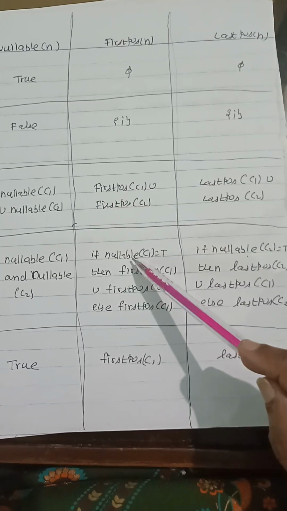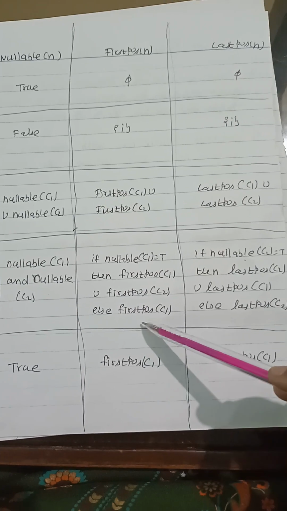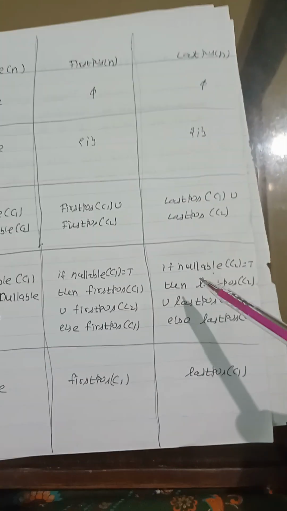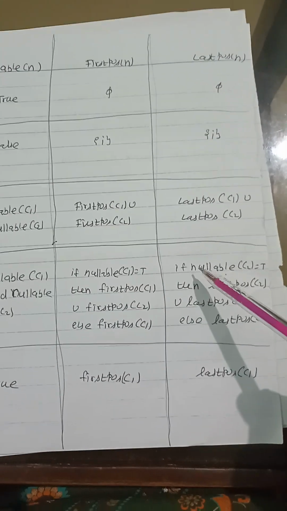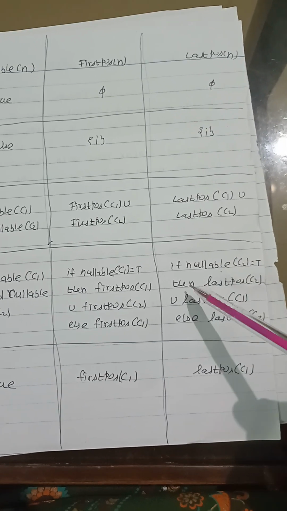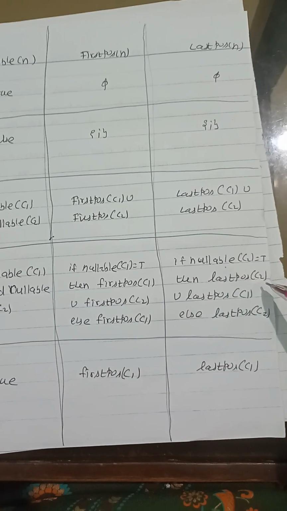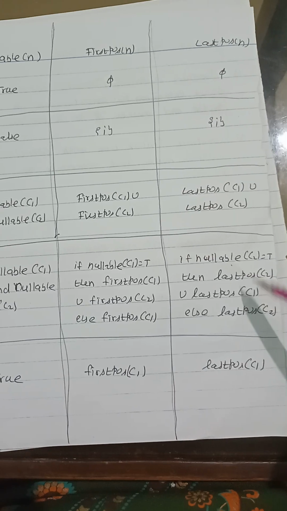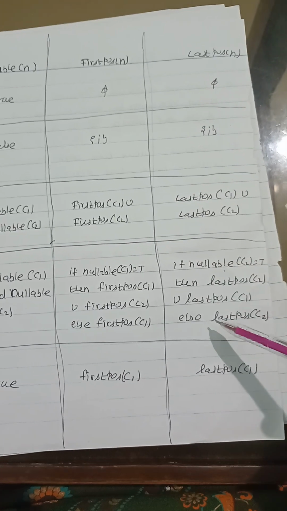In case nullable is false, we just write first position of C1. In last position, if nullable of C2 is true, then we have to union the last position of C2 and last position of C1. If nullable is false, we just write only the last position of C2.